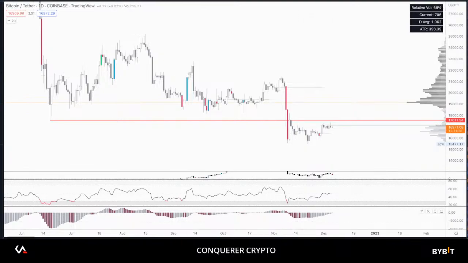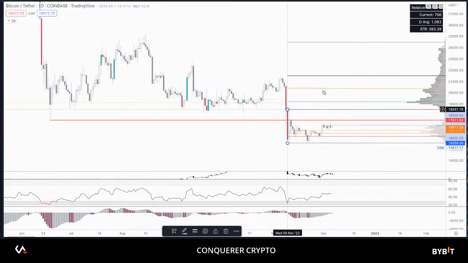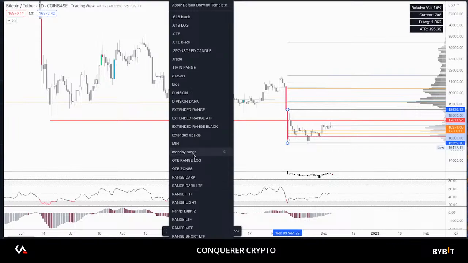Okay, another thing that we need to look at is this monthly range, that monthly candle basically.